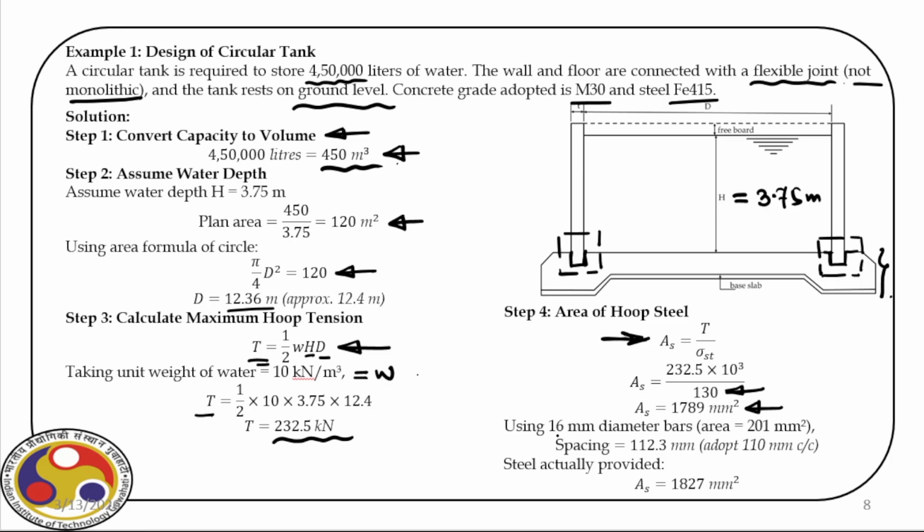So, we provide 16 millimeter diameter bars, and then the spacing, you can calculate, will be 112.3. So, we adopt 110 millimeter center to center. That means we actually provide 1827 millimeter square of steel as opposed to 1789 millimeter square, which is required. So, that is okay.